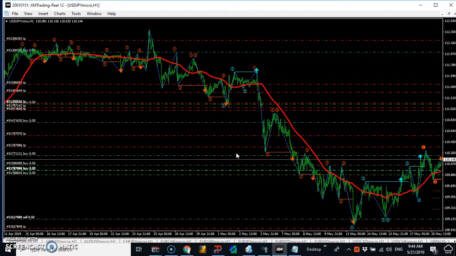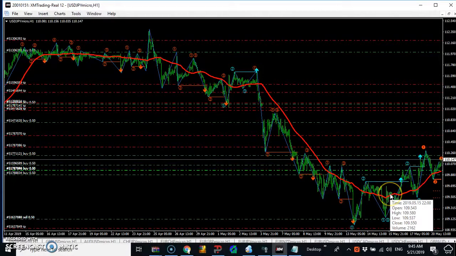Now you see the moving average is pointing up here. Then you get the idea that you want to wait until this moving average starts going down. Now you can see your 1 2 3, which you get to be selling along this moving average. 3 to sell along this moving average.